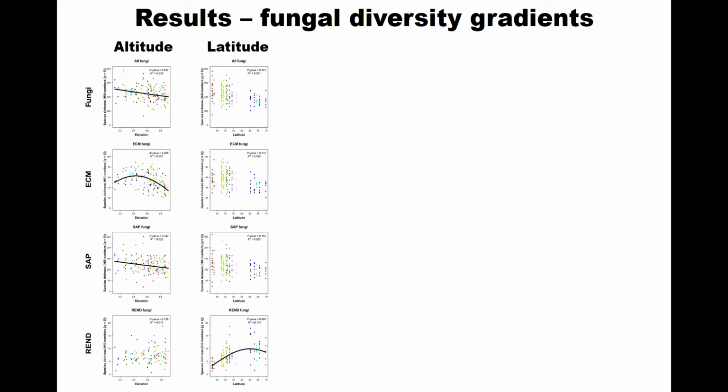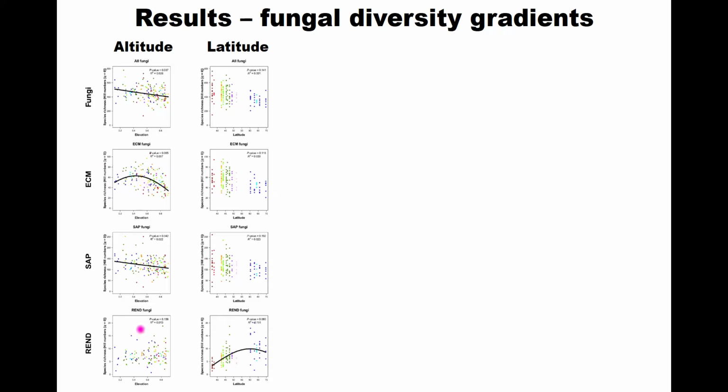So the higher in the mountains you go, the less fungal richness there is. In the case of ectomycorrhizal fungi, we saw something we call a hump-shaped effect. We saw the highest diversity of ectomycorrhizal fungi in the mid elevations. Let's say they peaked at around 1,500 meters above sea level, and decreased towards lower and higher elevations.